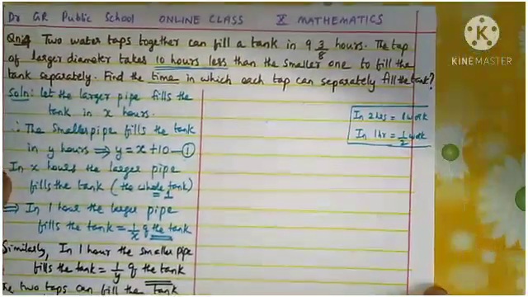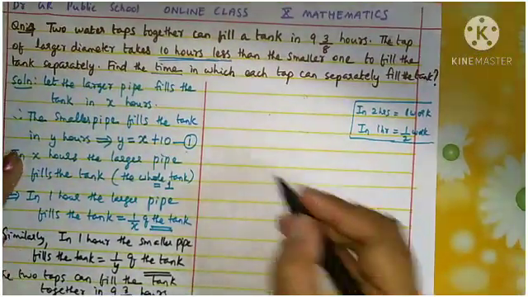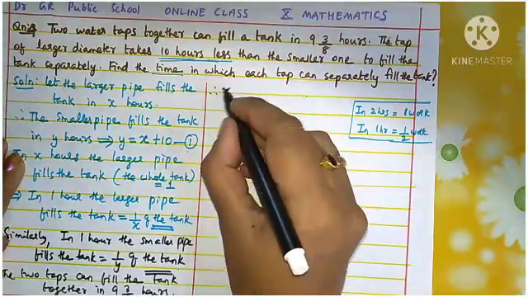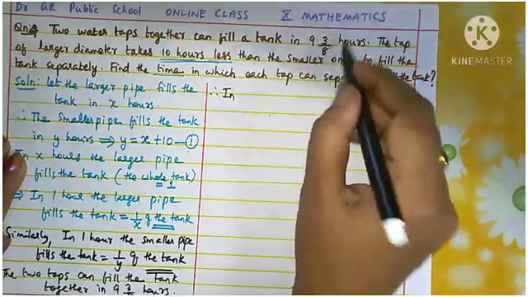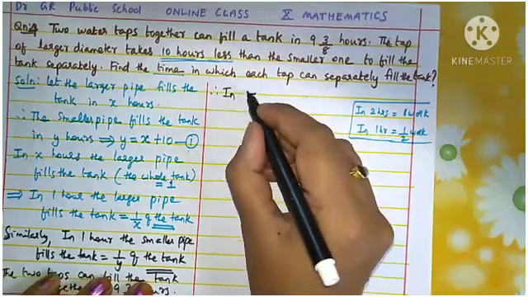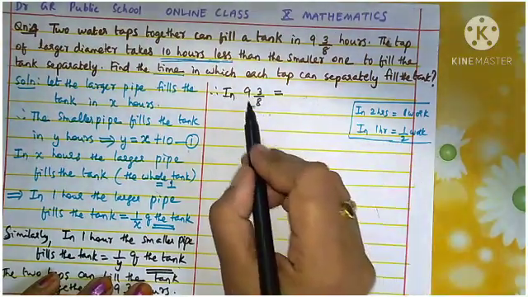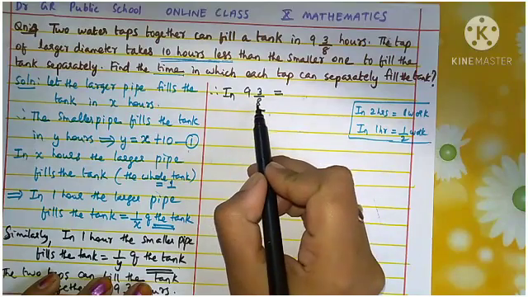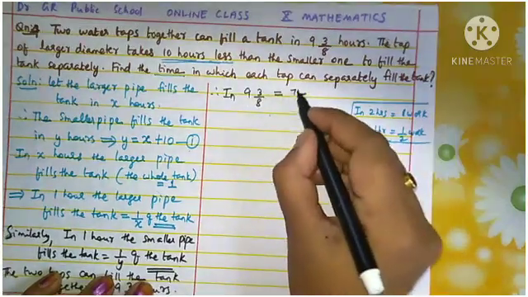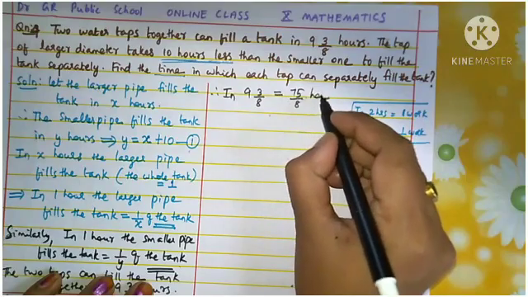Okay, so next line what you want to write is, therefore in these hours. What is this 9 3/8? 9 3/8 is a mixed fraction. You can convert it into improper: 9 into 8, 72, plus 3. That is 75/8 hours.